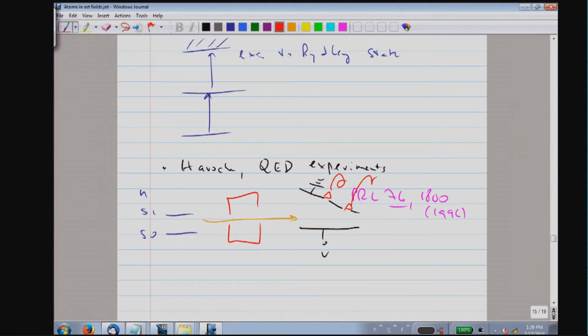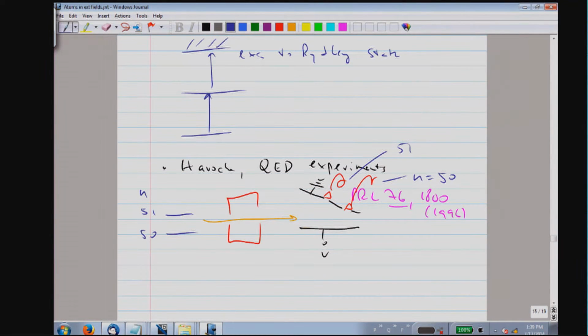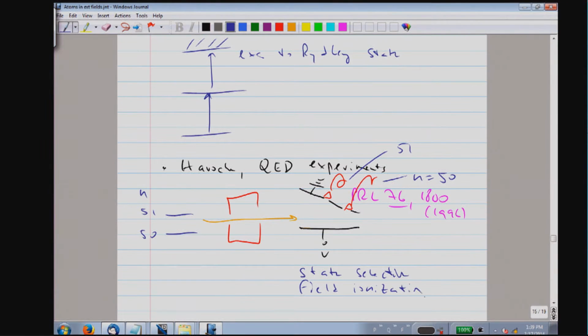The first detector will detect the 51s, and the second detector will detect the lower lying states. So you can detect every atom with high probability, but also in a state selective way. So this way of doing state selective field ionization, based on the discussion we had earlier, is sort of the method of choice for experiments involving Rydberg atoms.